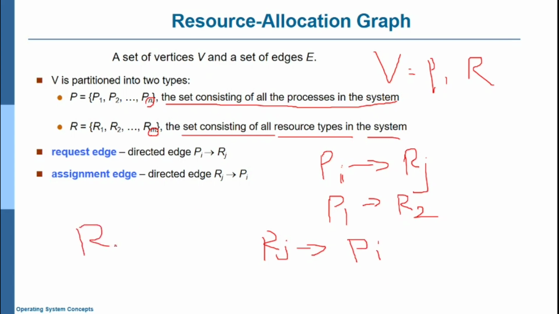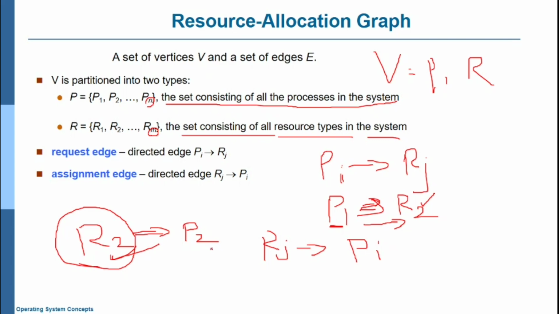Something like R2 is already assigned to process P2. So P1 is requesting resource R2, but R2 is already assigned, meaning R2 is already being used by P2.